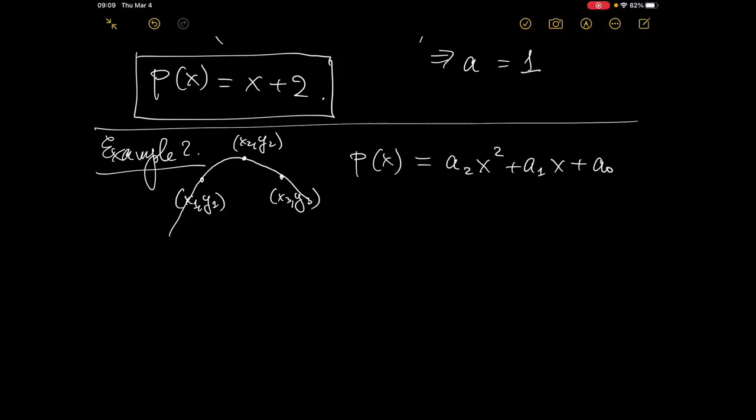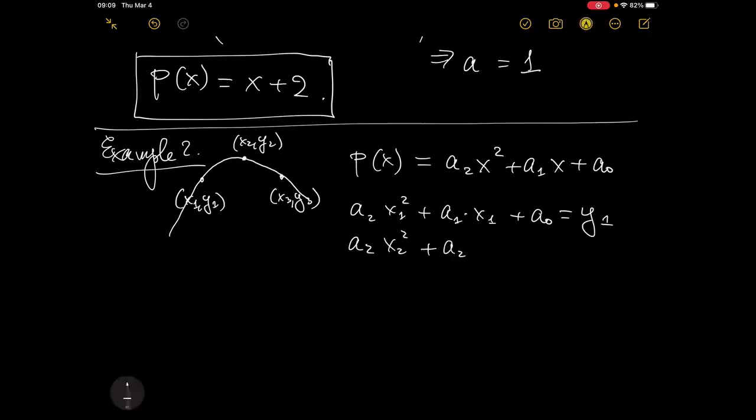Let me substitute first x1: a2 x1 squared plus a1 x1 plus a0 has to be equal to y1. Now let me substitute the second point: a2 x2 squared plus a1 x2 plus a0 equals y2.